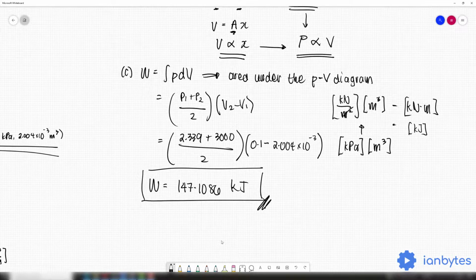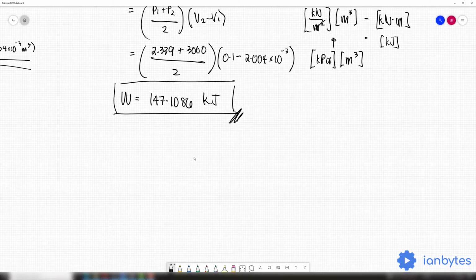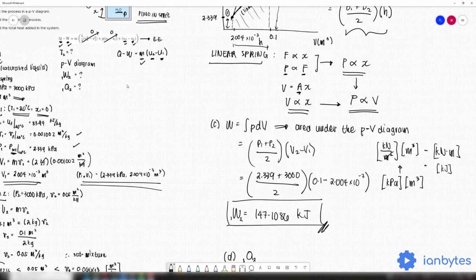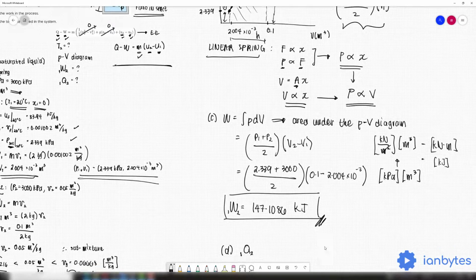Alright, moving forward to the last unknown of this problem, we solve Q for process 1 to 2. And we actually derived our equation a while ago, our energy equation for this scenario. We have Q minus W is equal to M times the quantity of U2 minus U1. So let us just write that down over here.